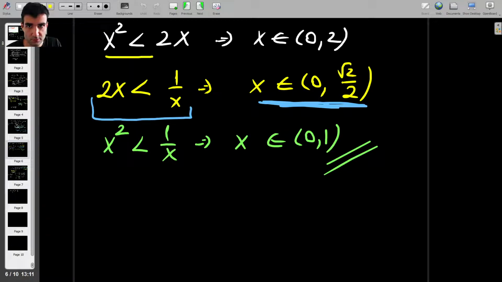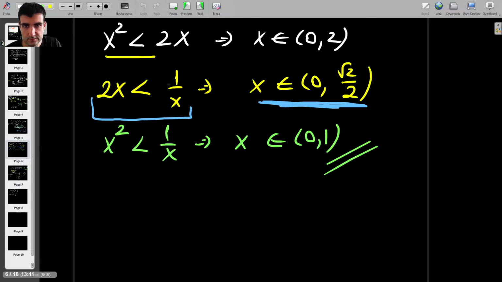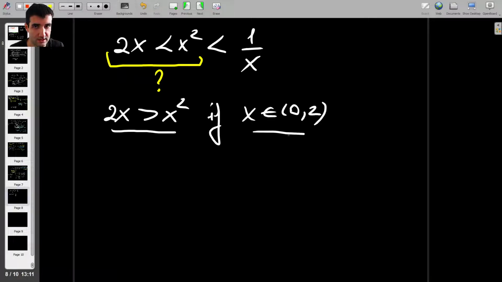So we know from this here that 2x is greater than x squared if x is between 0 and 2. Okay, but this inequality says that I want to know if 2x is less than x squared. So if 2x is greater than x squared for this, then it's less than x squared for x outside of that range. In other words, in this case, x is going to be everything from 2 to infinity.